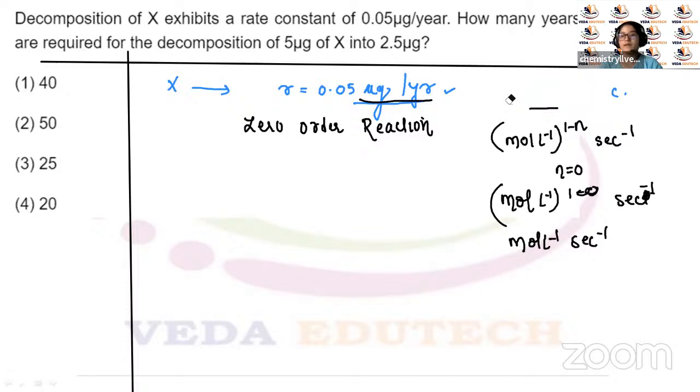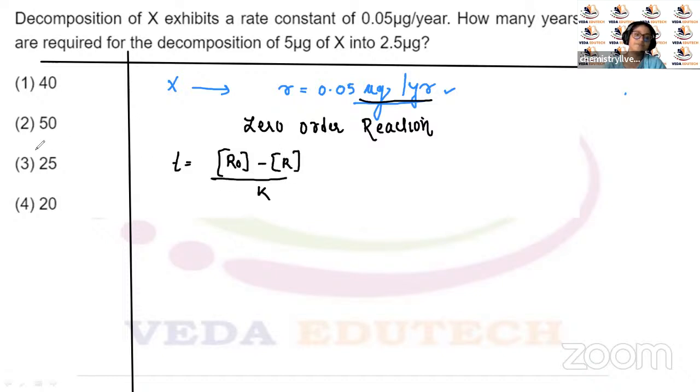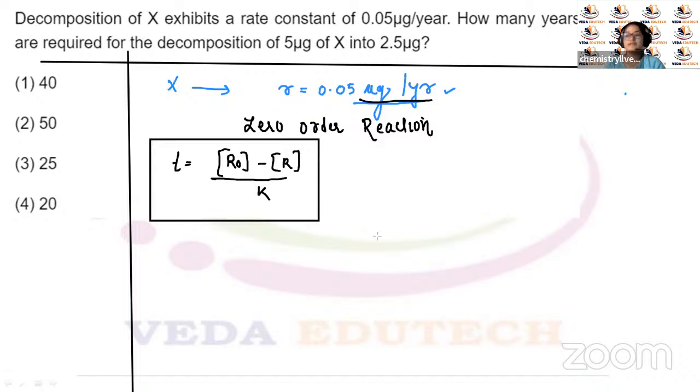Yes. Now, as this is a zero order reaction, the time required for the completion of a zero order reaction is what, children? T equals to R naught minus R by K. This is your time required for zero order reaction.